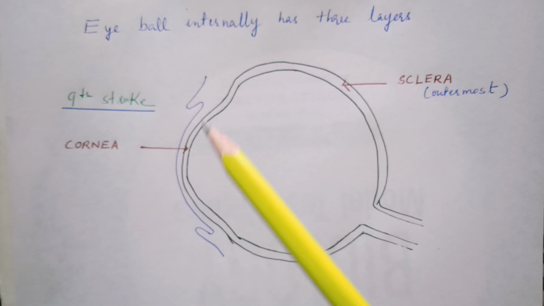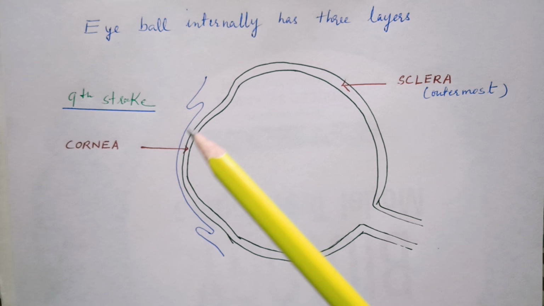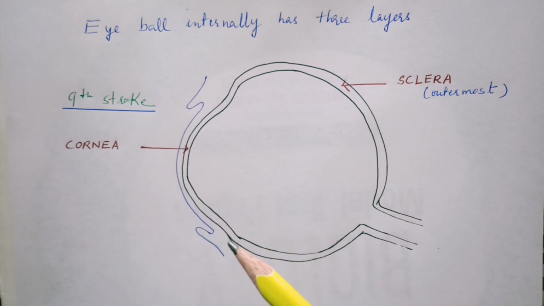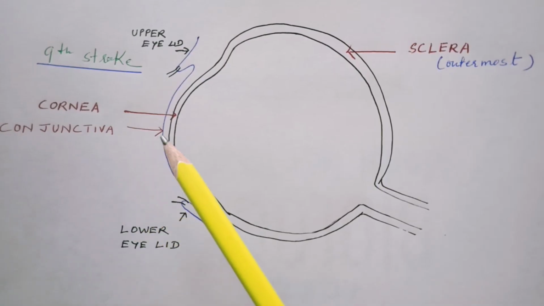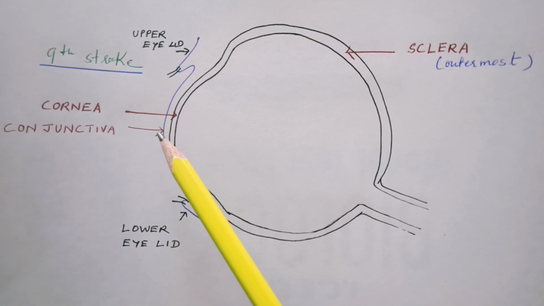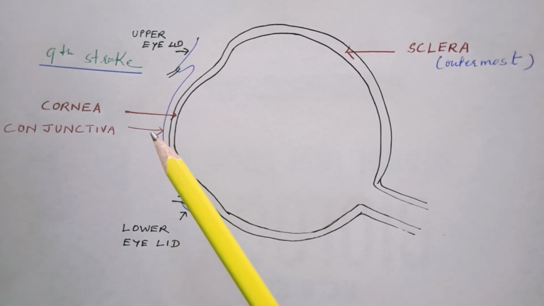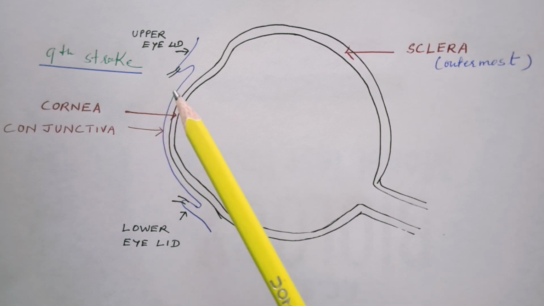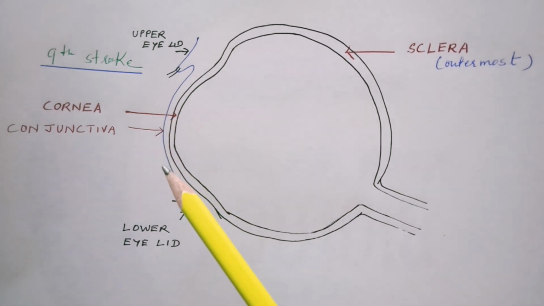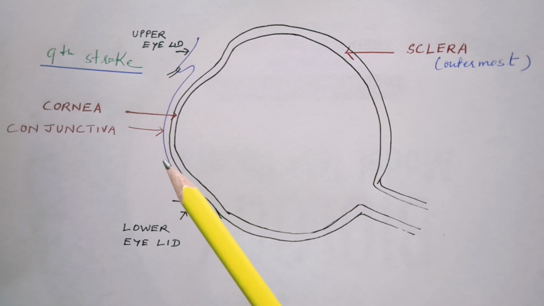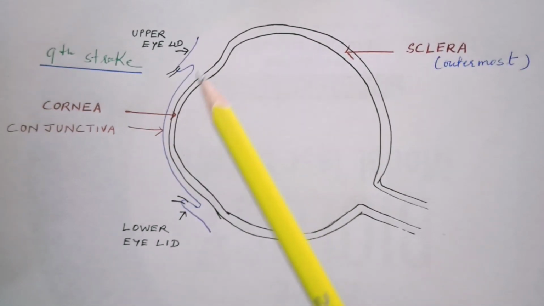So what is the first stroke that we had drawn, this membranous lining? This outer membrane is actually known as the conjunctiva. When we suffer from conjunctivitis, it is the inflammation of this outer membrane, the conjunctiva. As you can see, students, this is actually not a part of the eyeball.